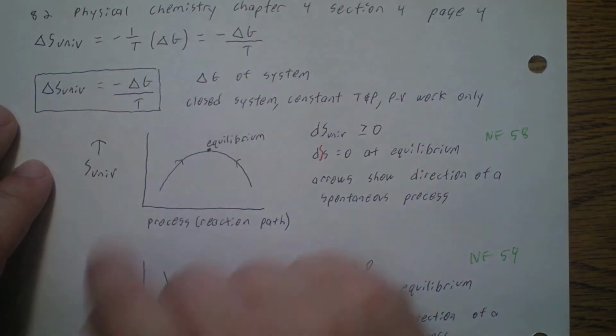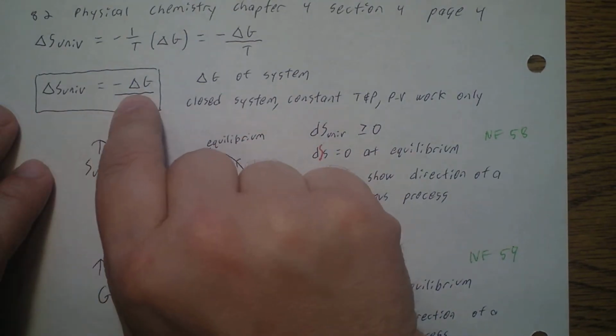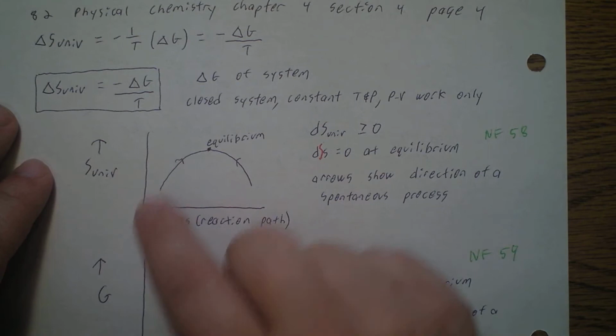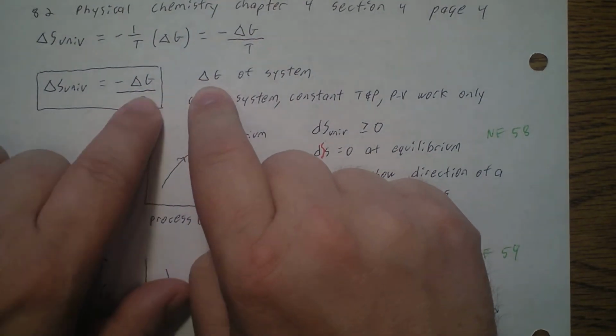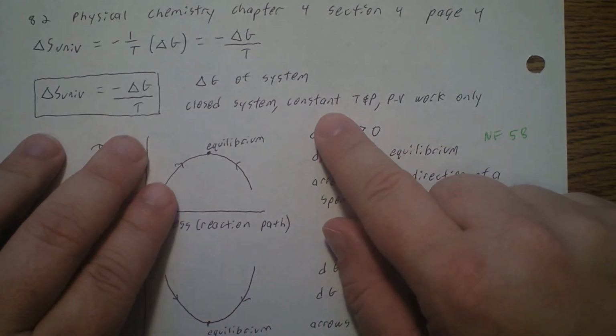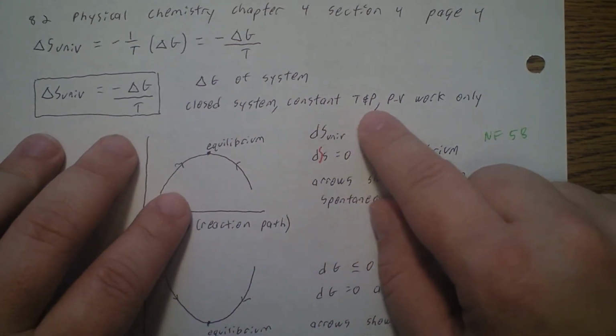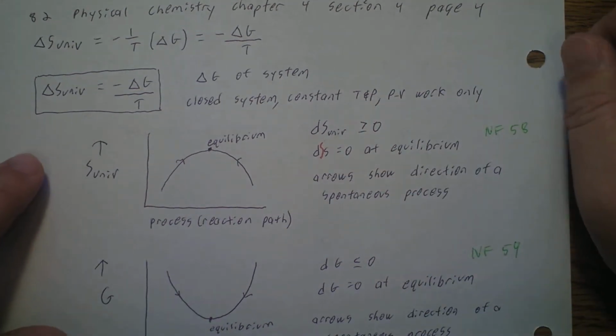Or just distributing, we get delta S of the universe is equal to minus delta G divided by T. And remember, if it's not specified, we know it's the system, so this is delta G of the system. This is only true for a closed system. We assumed constant temperature and constant pressure, and the only work is pressure-volume work.